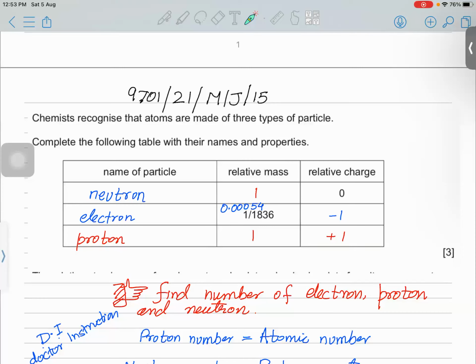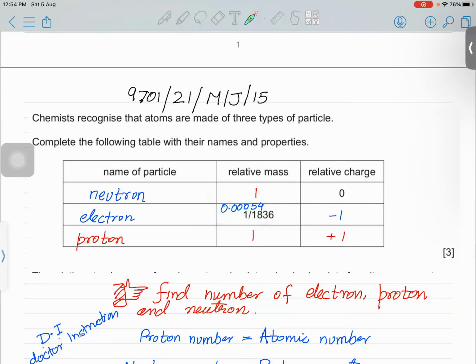You remember that the mass of the electron in O level is 1 over 1840. But the exact value in A level is 1 over 1836. Do not write 1 over 1840. Are you getting my point? Yes, sir. In a few questions, the mass is written as 0.00054.